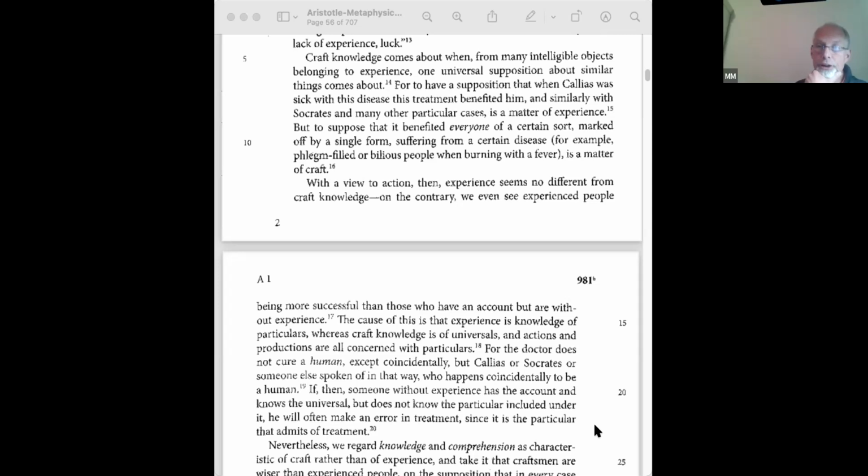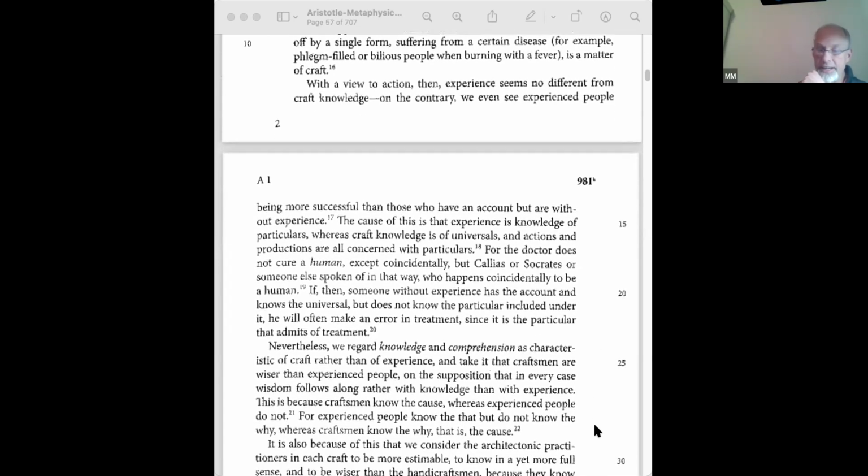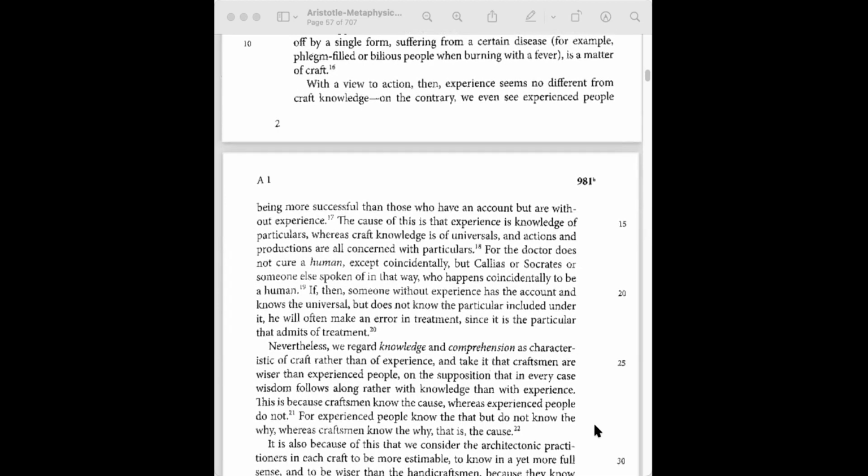Go ahead and read the next short paragraph and we'll stop reading for today. We'll just talk about this. Nevertheless, we regard knowledge and comprehension as characteristic of craft rather than of experience, and take it that craftsmen are wiser than experienced people, on the supposition that in every case wisdom follows along rather with knowledge than with experience.